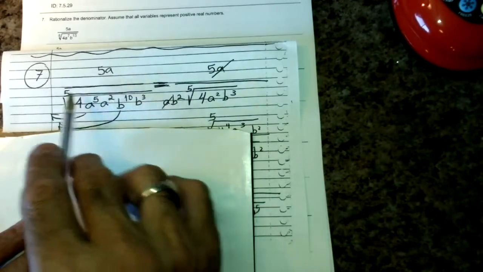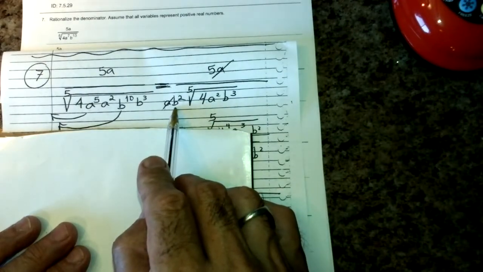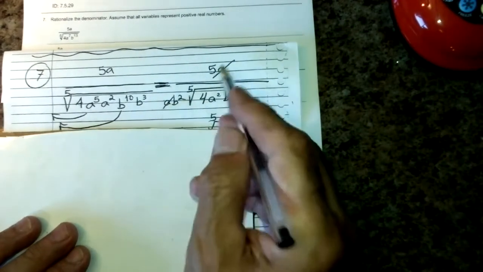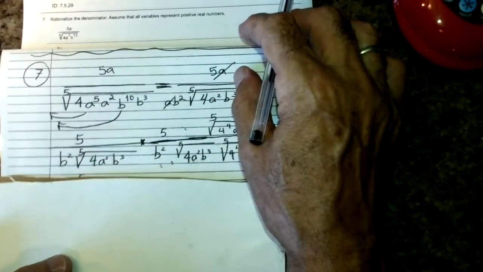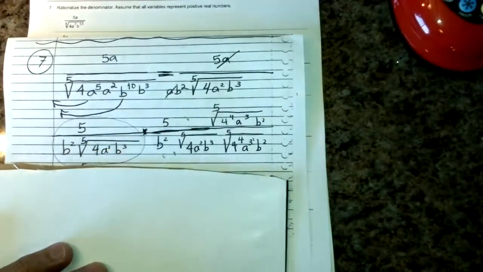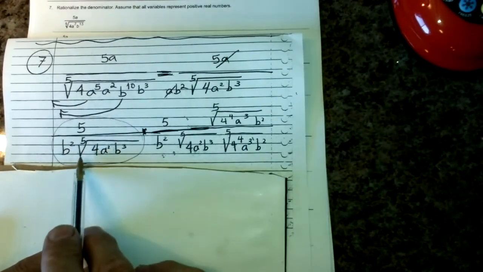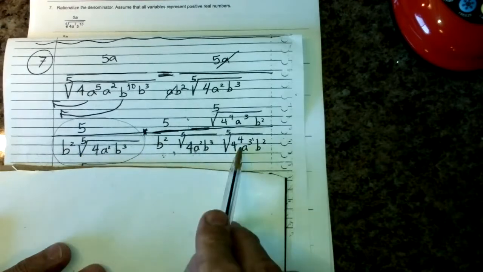B to power of 10, 10 divided by 5 is 2, so b squared is coming out of the radical. What is left is this, and a cancels, so this is what I remain. This is what we have so far. Now, to remove the radical, I should write the same radical here.